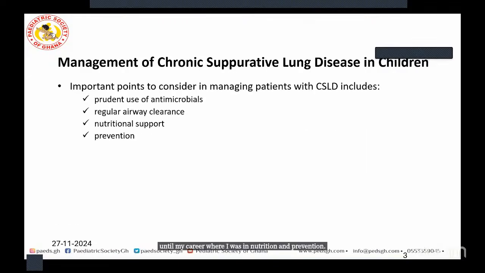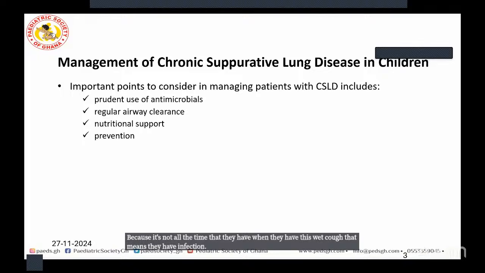So some important points to consider is that with chronic suppurative lung disease, at some point you have to use antimicrobials, but you have to be very judicious in using them, because it's not all the time that when they have this wet cough, that means they have infection.